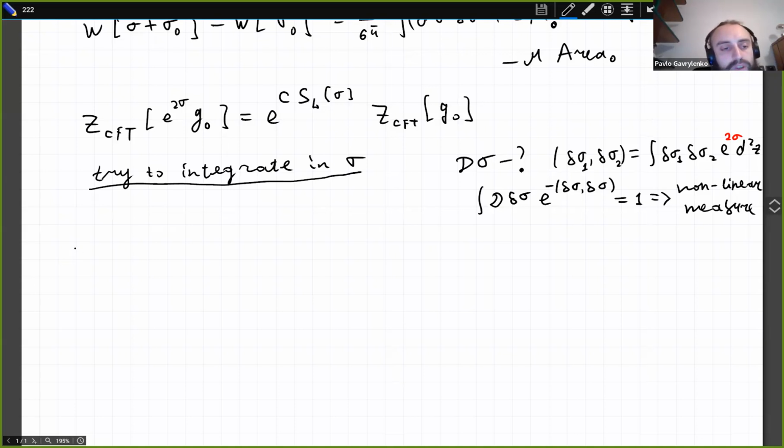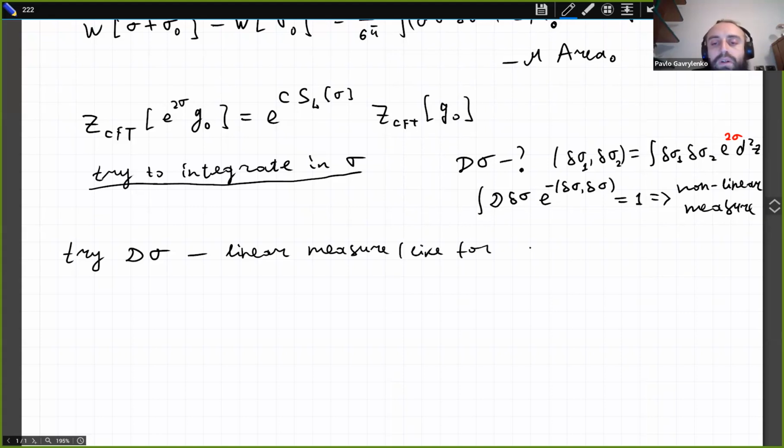So let us just say that this d sigma is just a linear measure, like for the free boson, and see what breaks after this.